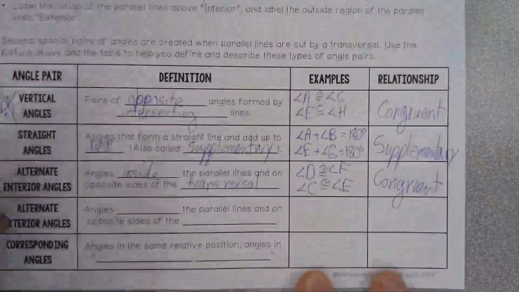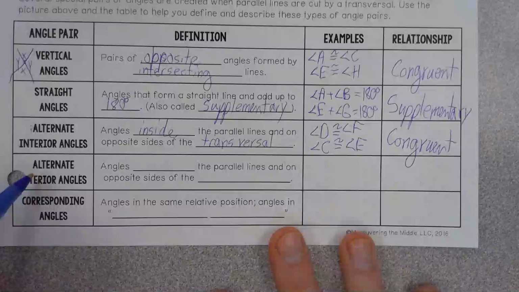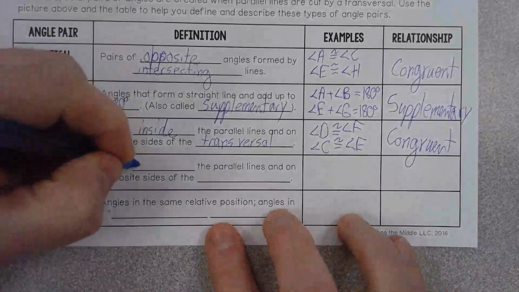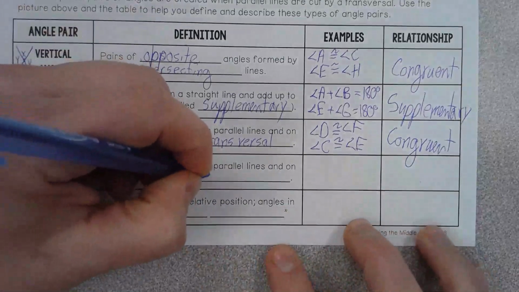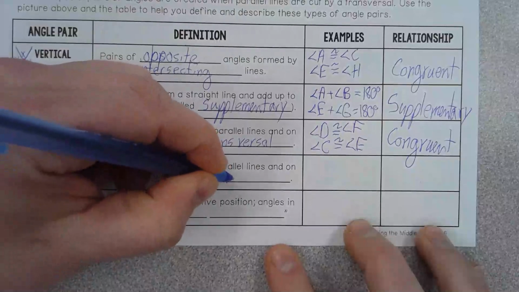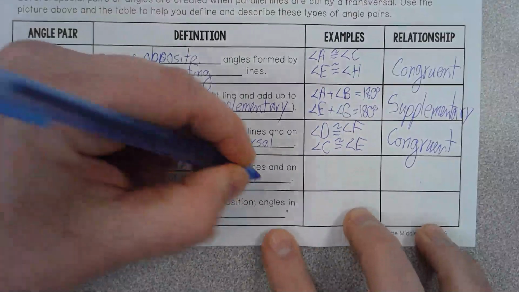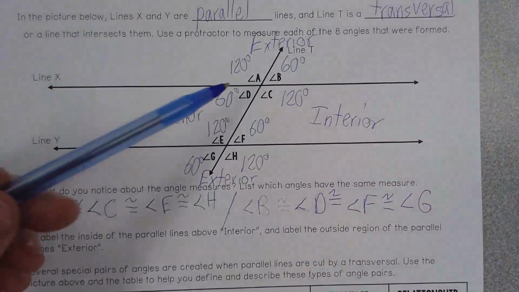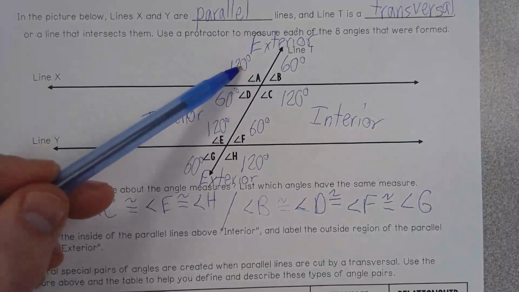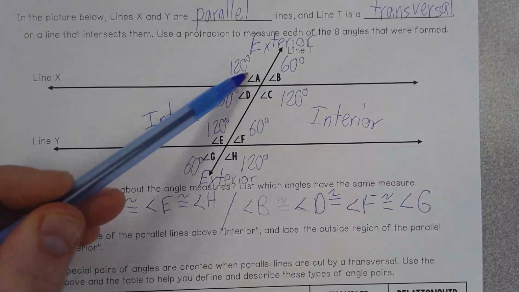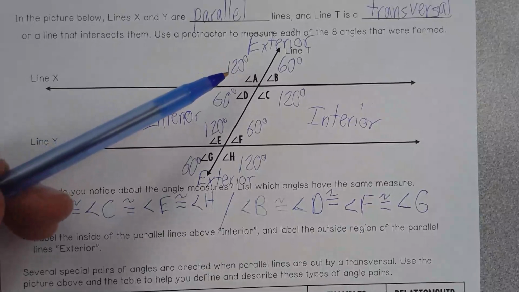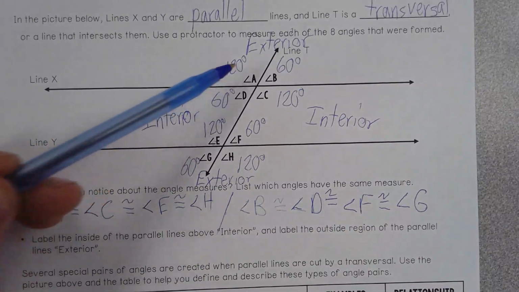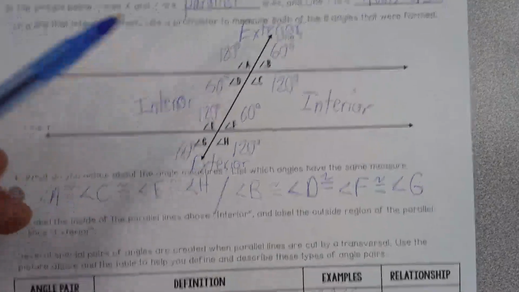Okay, moving on. We've got alternate exterior angles. Same idea, except they are outside the parallel lines, but on opposite sides of the transversal. Okay, so looking up here, what are outside? They have to be outside, so we're going to pick one from the top, one from the bottom. Notice these are both 120 degrees. They're both outside of the parallel lines, so we call them exterior angles. They're alternate because they're on different sides of the transversal.